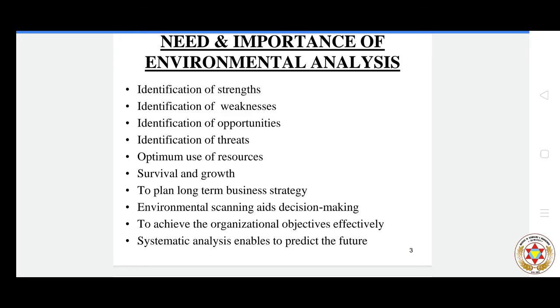It helps to plan long-term business strategies, and environmental scanning also aids in decision making. It helps managers achieve the organizational objectives more effectively than other organizations. And the last one is that systematic analysis enables managers to predict the future and have enough time for other activities. This minimizes the time pressure on the manager.